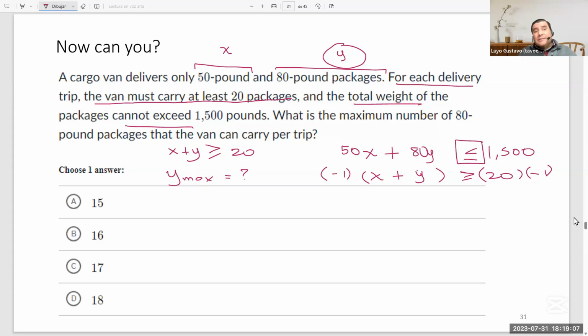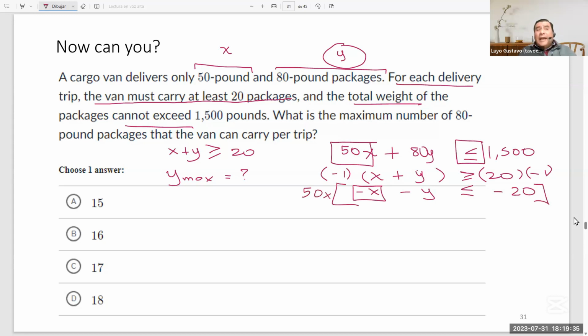So let's do that: -X - Y is less than or equal to -20. Okay, but what good is this? I need to actually get rid of X in order to obtain a range only for Y. Now, what happens with this 50X? What would it need to cancel with this one? I just need to multiply the whole thing by positive 50.